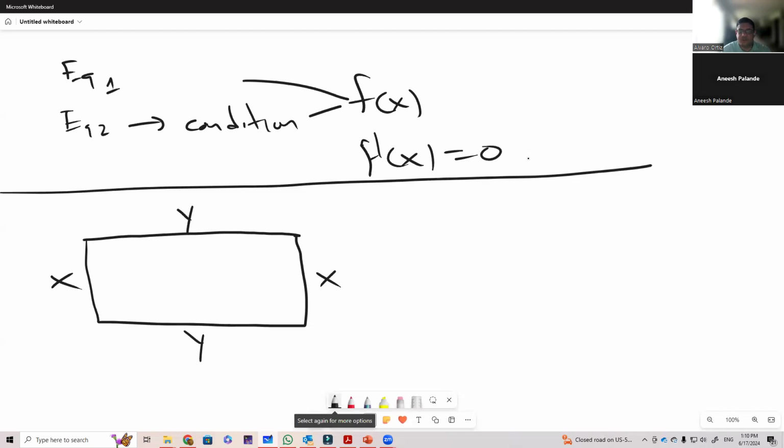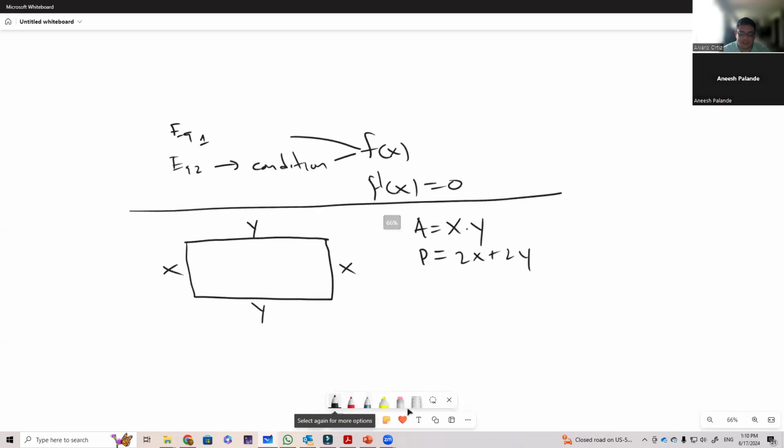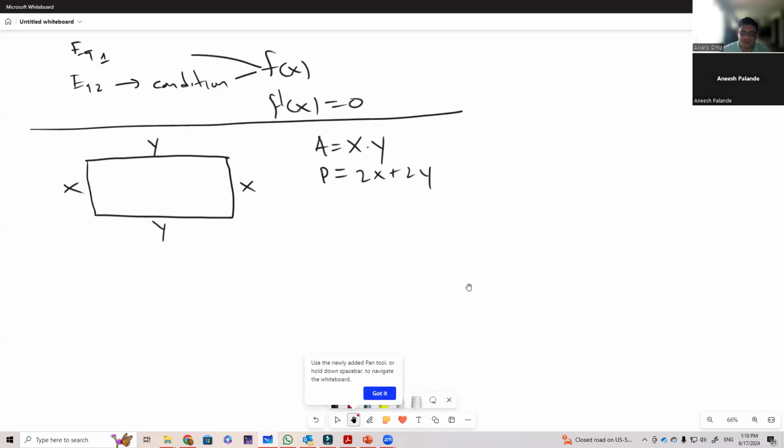There are two ways that this is going to work. We can talk about the area. Area is x times y, and the perimeter, which is how much we use to cover this, is 2x plus 2y. For the most part, you can only have two options: make this the restriction or make this the restriction.